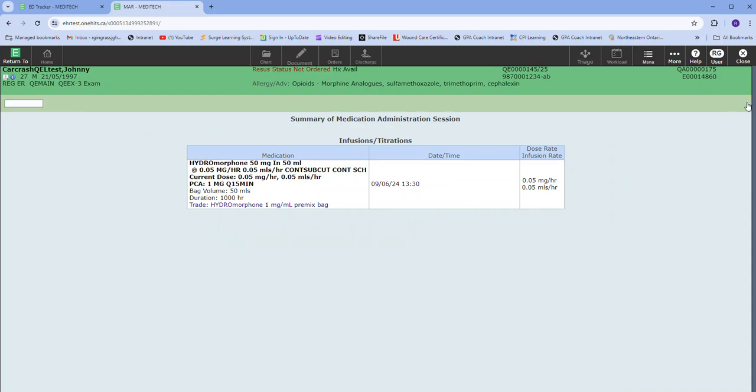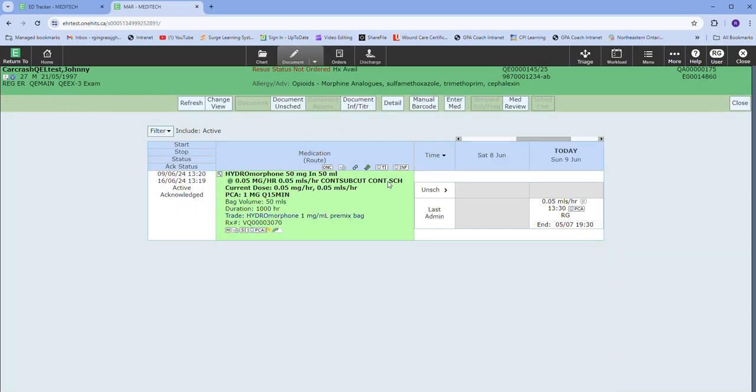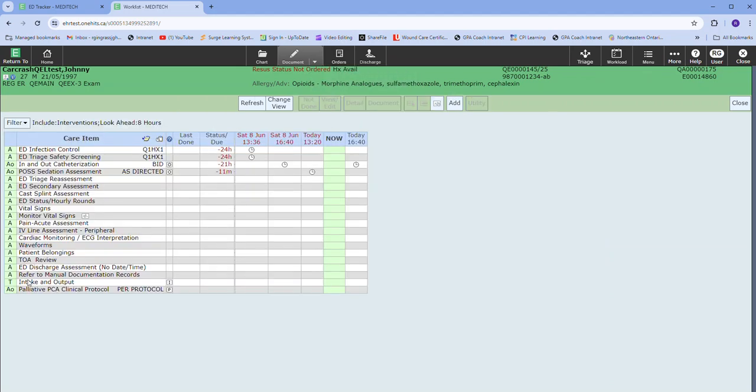So now the other half of the problem is you need to account for your bolus doses. That doesn't account for your bolus doses. So to account for your bolus doses, you're going to go to your work list, and in your PCA intervention right here, you're going to document against it.